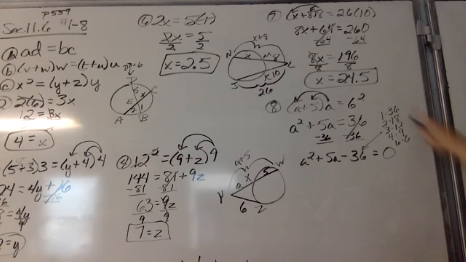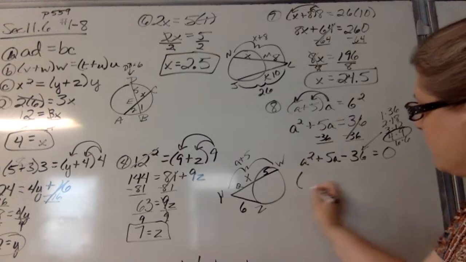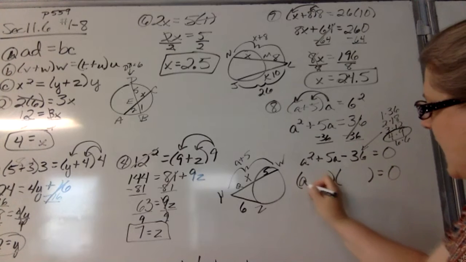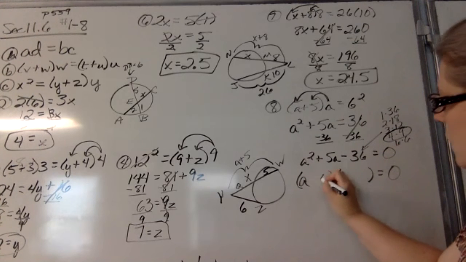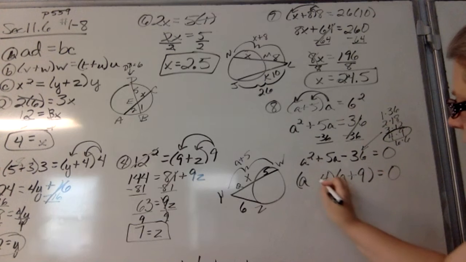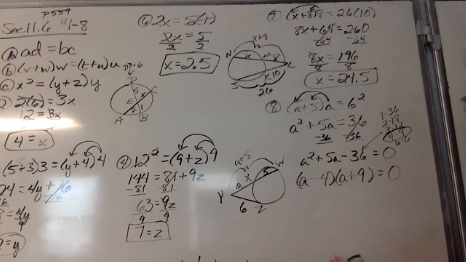Okay, so I'm going to pick the pair of those that will subtract to equal 5. So I'm going to use the 4 and the 9. So I have parentheses, a, 4, and 9. It's a positive 5 in the middle, so the bigger one of these numbers has to have the plus sign in front of it. The other one has the minus.